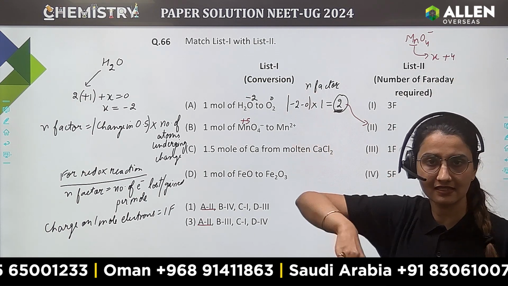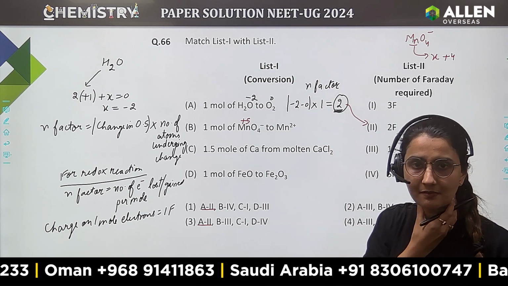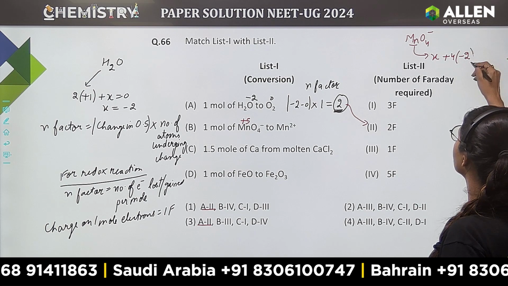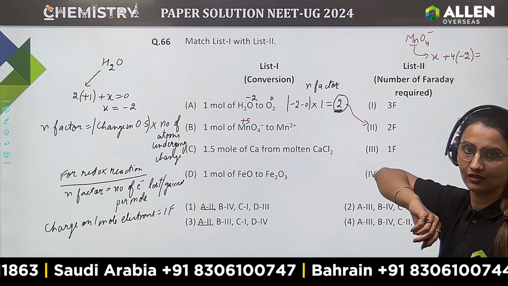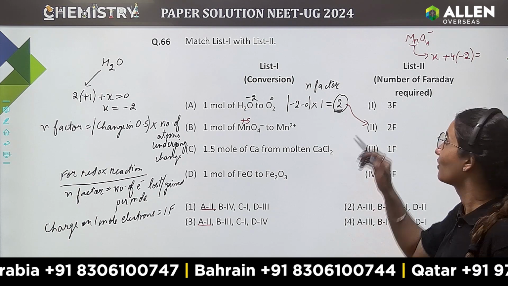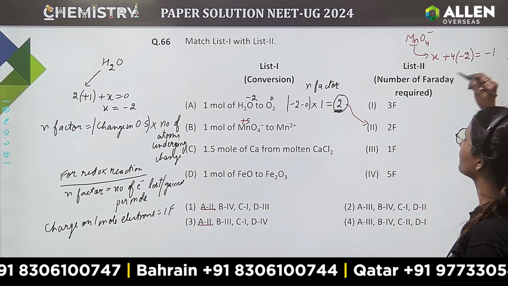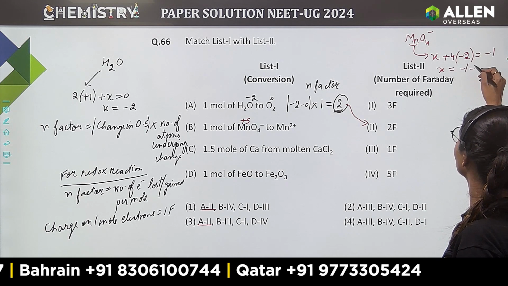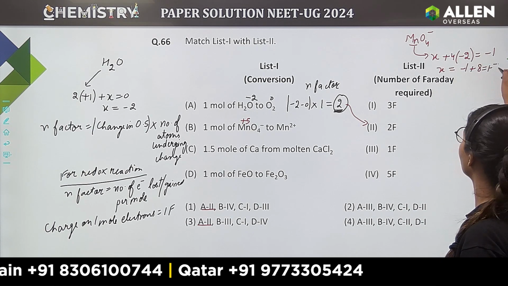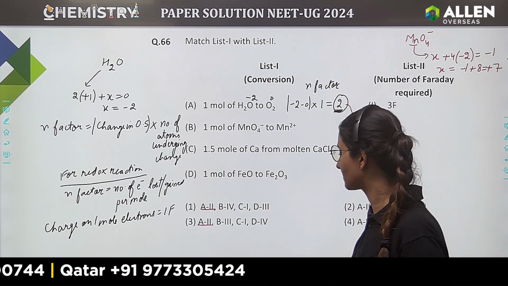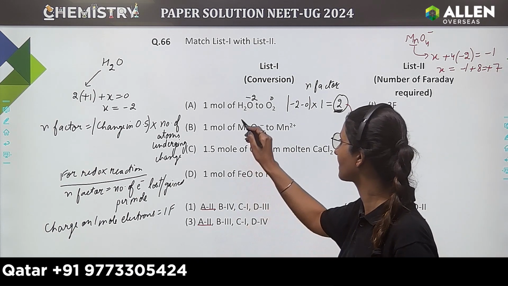O with less electronegative atoms, that is except F, shows an oxidation state of -2 in oxides. So 4 O I have multiplied with -2. What is the total charge? It is -1. So solve it. What is X? X is -1 plus 8. It is what, students? I'll correct it, sorry. It is +7.